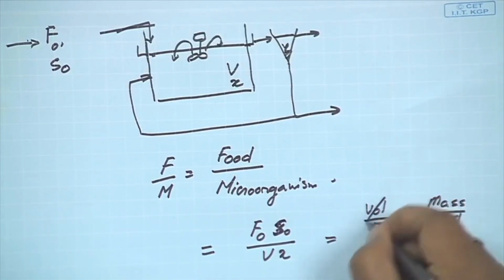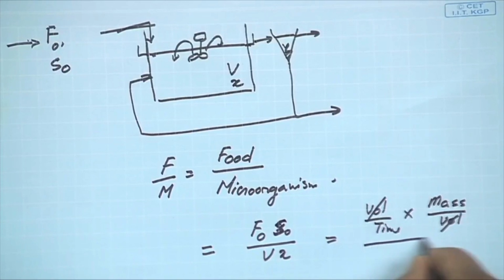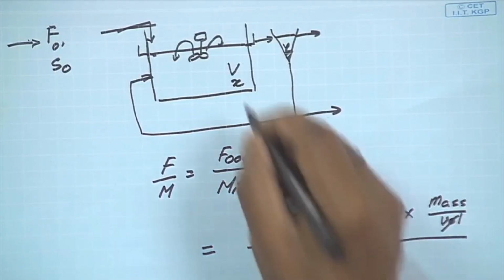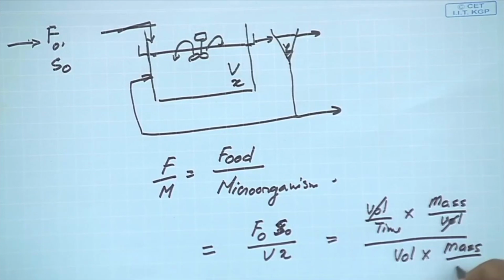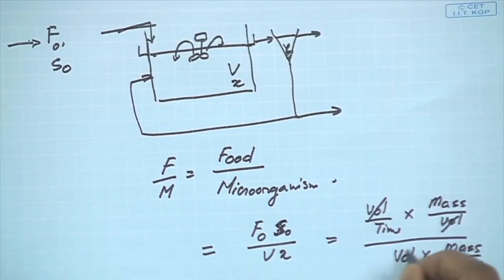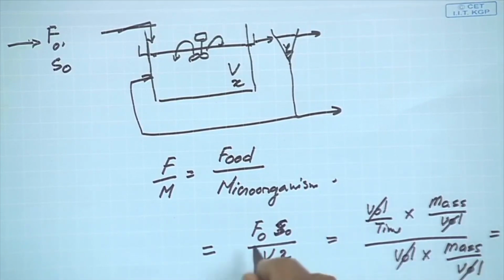So volume will cancel, so it will be mass per unit time. Here V is the volume of the reactor and X is the concentration, which is mass per unit volume. So mass will cancel, and the unit will be time inverse.